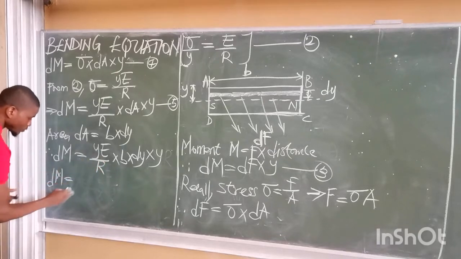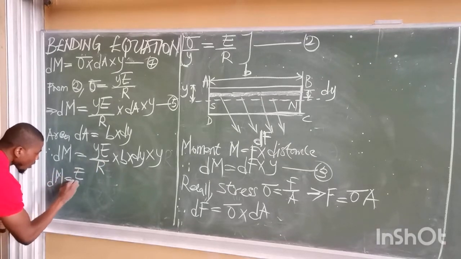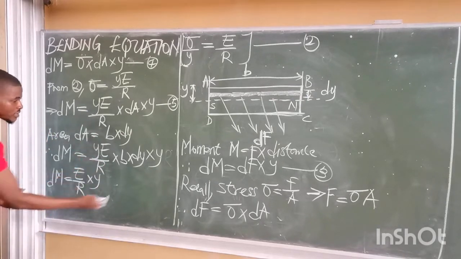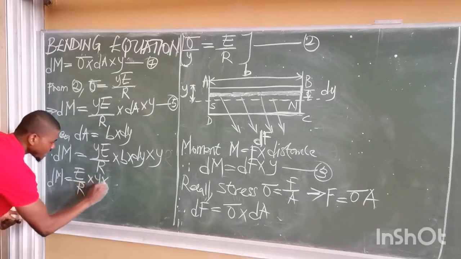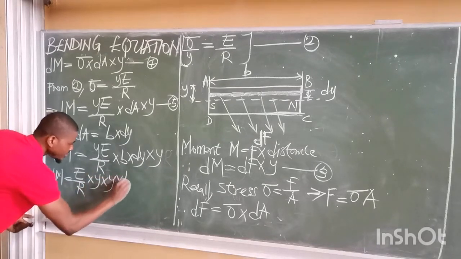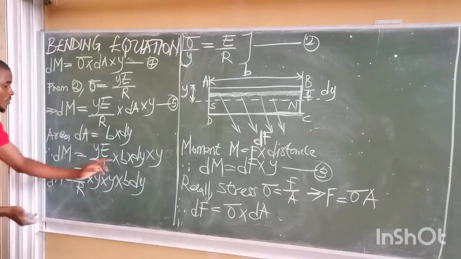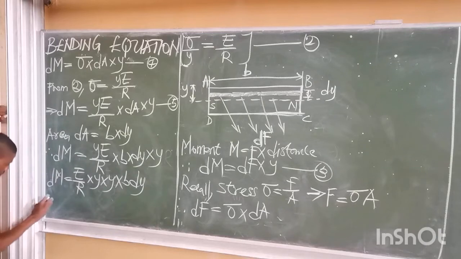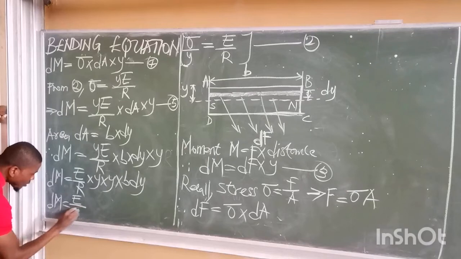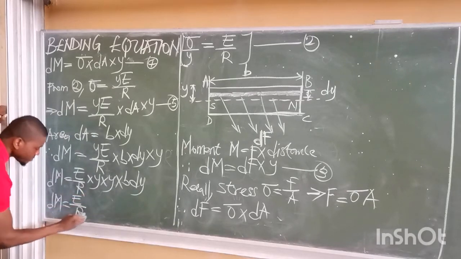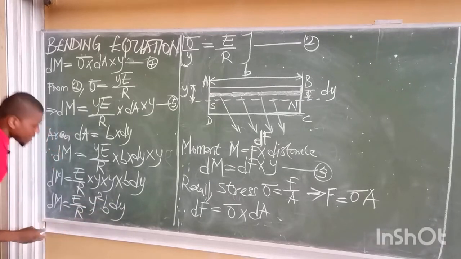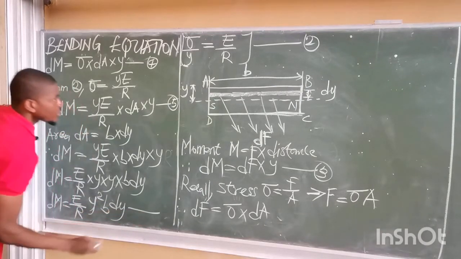I can rearrange this equation to be E all over R times y, multiplied by y again, times b dy. Of course, b times dy is the same thing as b dy. So the M is now equal to E all over R, y times y gives us y squared, b dy. Let's call this equation 6.